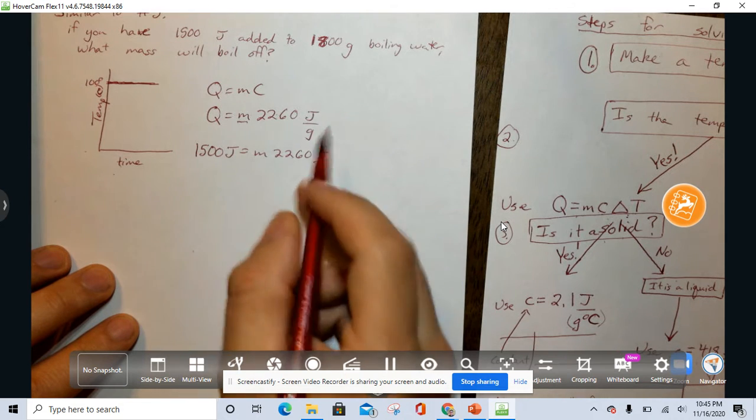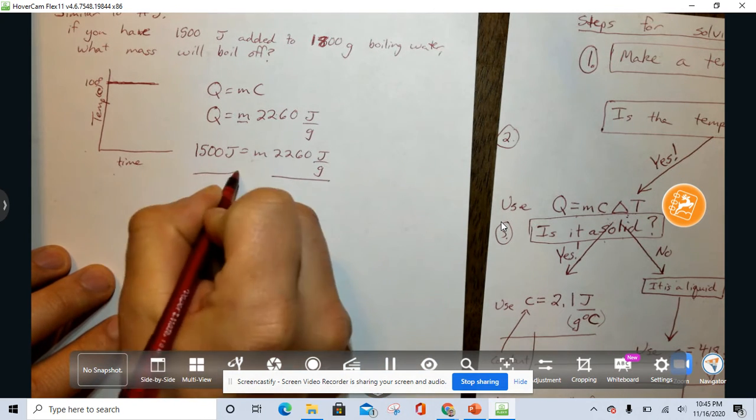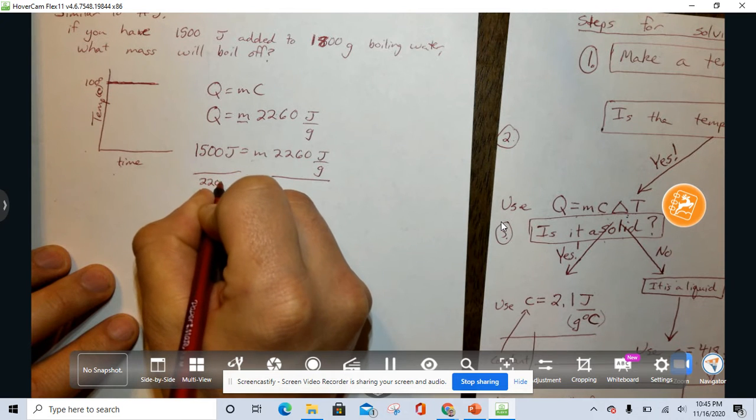Well, I want to solve for this, so I'm going to divide both sides by the same thing.